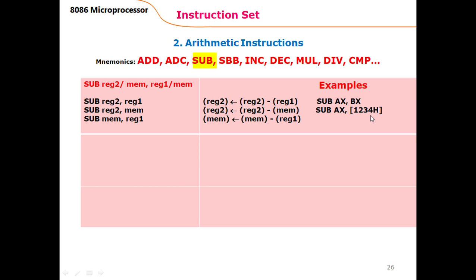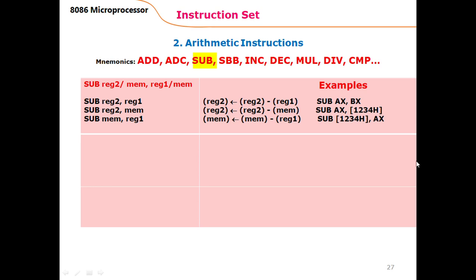This is the direct memory addressing mode, where the offset address is directly provided as part of the instruction. A 16-bit value in the data segment memory location addressed by this offset address is subtracted from the 16-bit value in the AX register, and the result is stored back into the AX register.